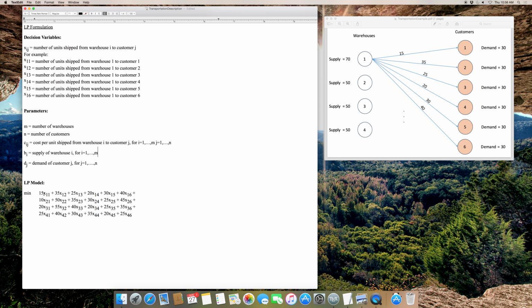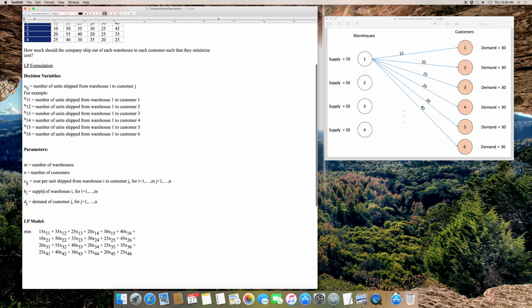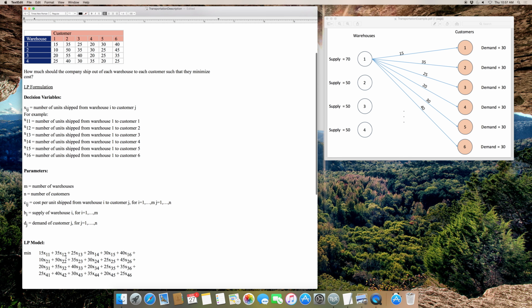So all I've done is I've listed out the cost out of warehouse 1, 2, 3, and 4. This 15 is pulled directly from this table. You can see it's 15 to ship from warehouse 1 to customer 1 times the amount I ship from warehouse 1 to customer 1. Or similarly, you can go through this, the amounts that you ship from 2 to 6.